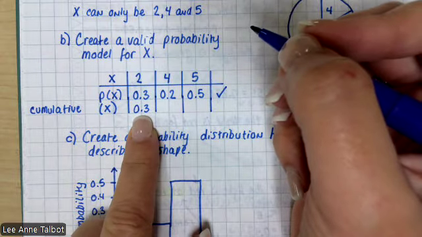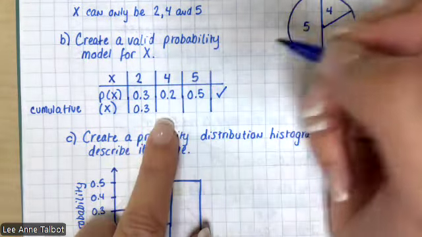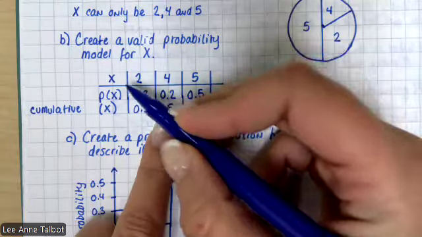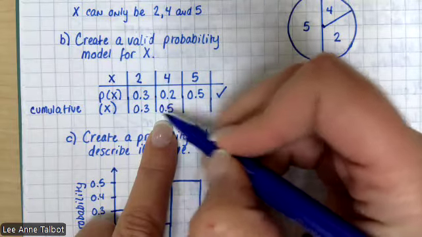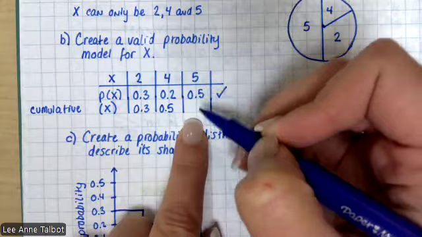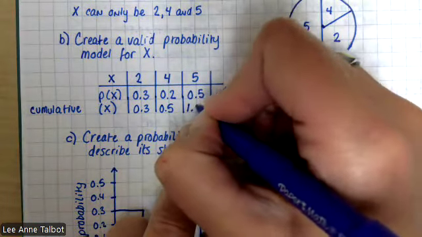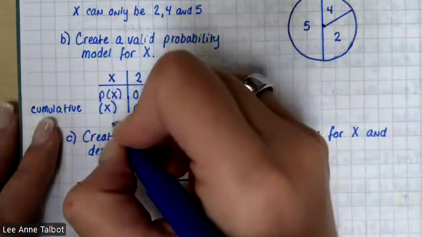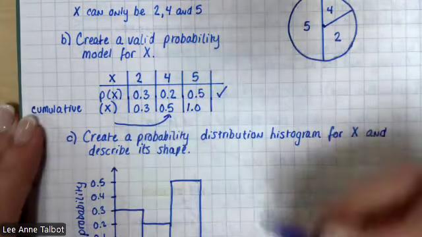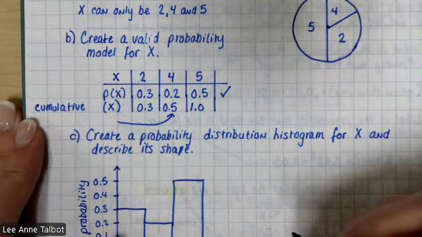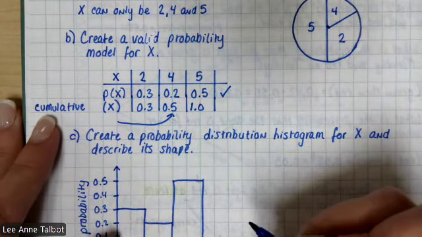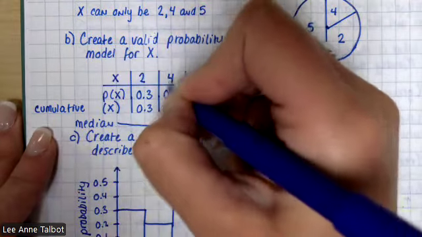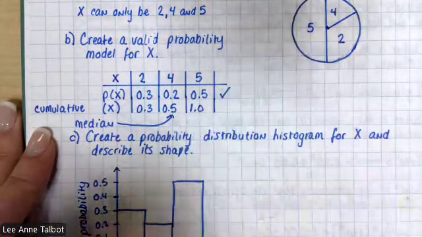And then this would be 0.5 because it's cumulative, so that means it's adding both of these together. And then this one would be 1.0 because it's adding all of those together. Okay, so what is the median? Median is at the 50th percentile. What's the median? So the median is 4 because it's at the 50th percentile.